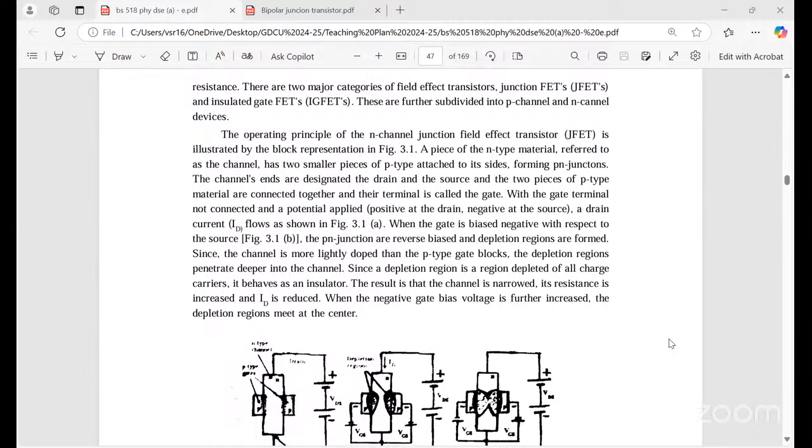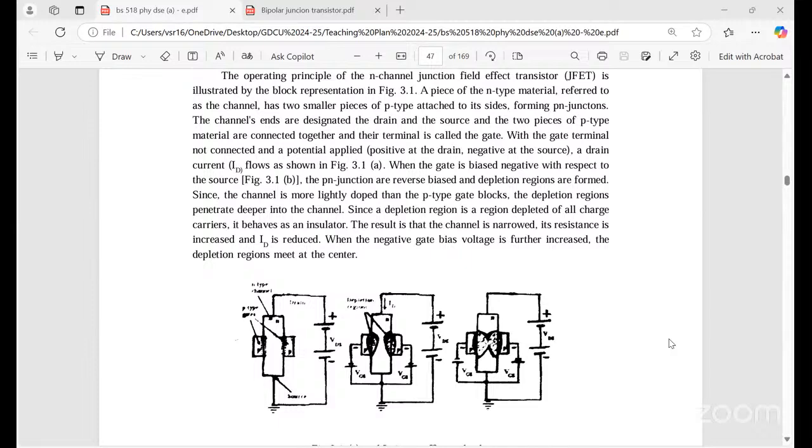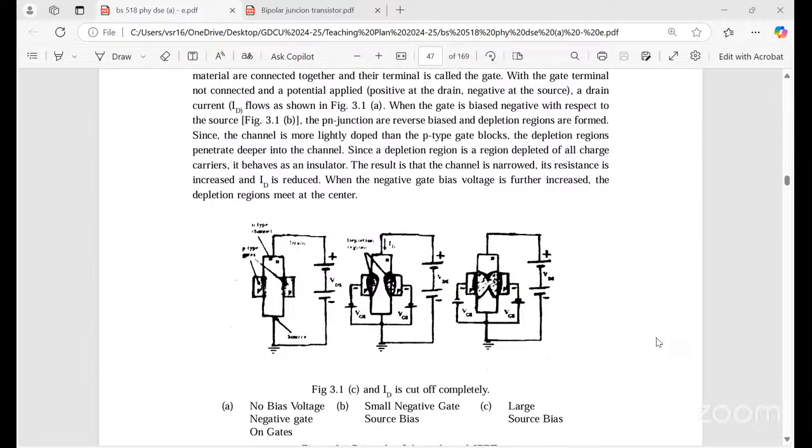So the drain current ID: when the gate is biased negative with respect to the source, the PN junctions are reverse biased and a depletion layer forms. Since the channel is more lightly doped than the P type, the depletion layer penetrates deeper into the channel.